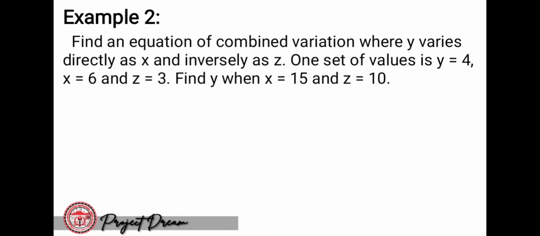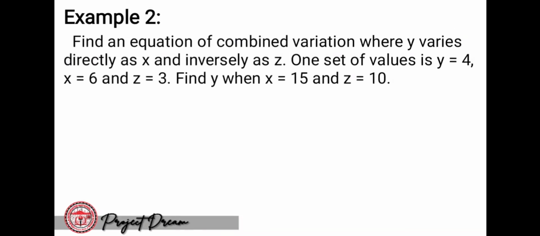Find y when x is equal to 15 and z is equal to 10. So, kailangan muna nating hanapin ang value ni k. Sulat natin ang equation ni combined variation, which is y is equal to kx over z. So, kunin natin yung first set of values ni y, ni x, at ni z. Substitute natin doon sa given equation.